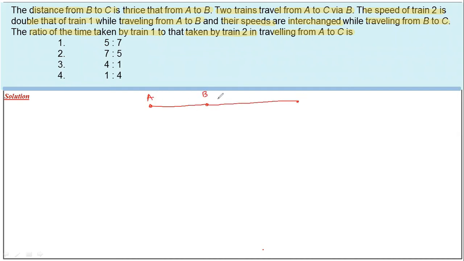So we have A, B, and C. So let the distance between A and B be 20 kilometers. B to C would be 60 kilometers. Now for train 2, let the initial speed be 10 km per hour, that is while traveling from A to B. For train 1, it will be 5 km per hour.